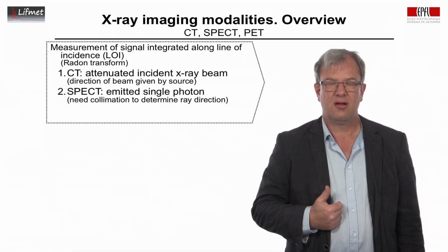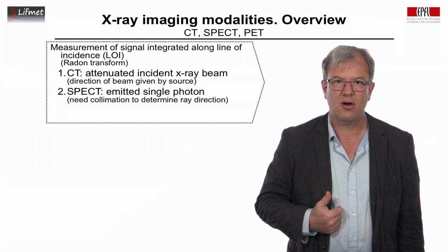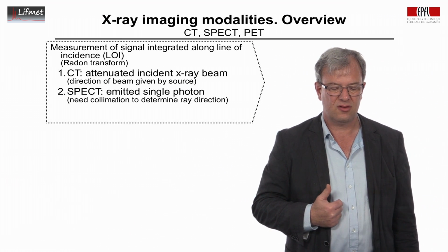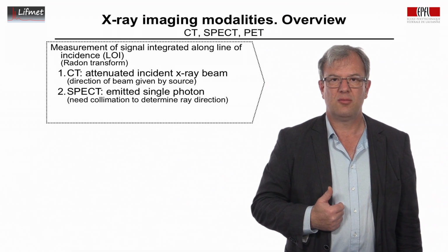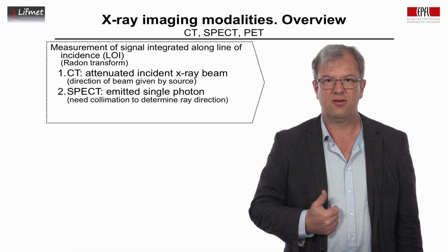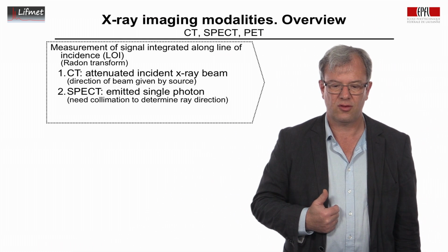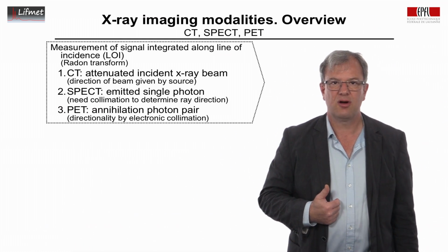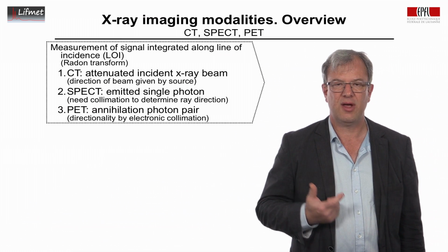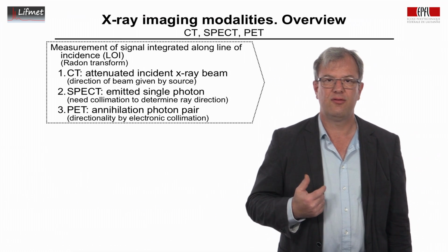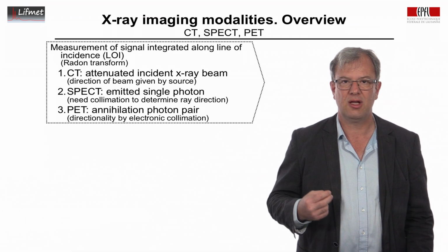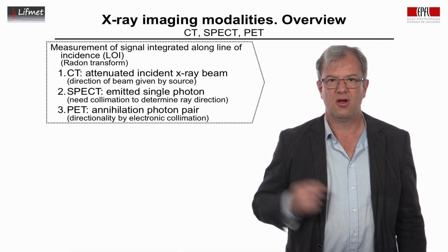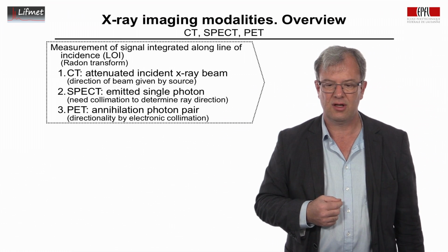For SPECT, single photon emission computed tomography, we're measuring a single photon that's being emitted from a nucleus, and here, to determine the photon direction, one needs to use collimation, brute force collimation. For positron emission tomography, one measures the annihilation photon pair, so the directionality of the photons is given by electronic collimation, that is, by the coincidence, simultaneous detection of two photons in two different detectors.